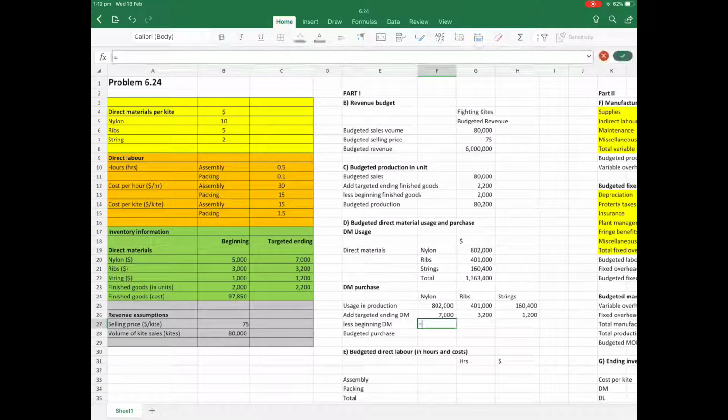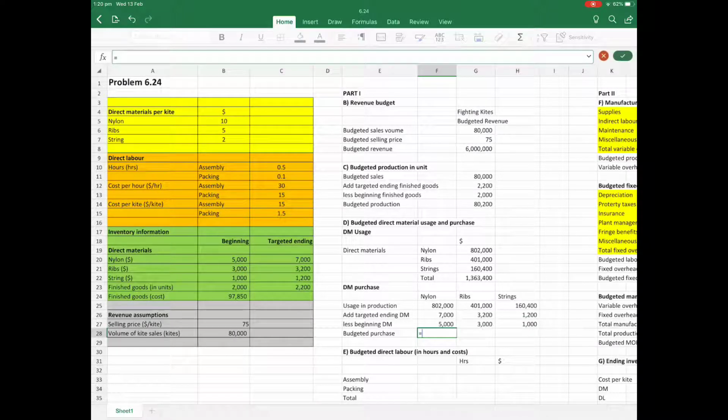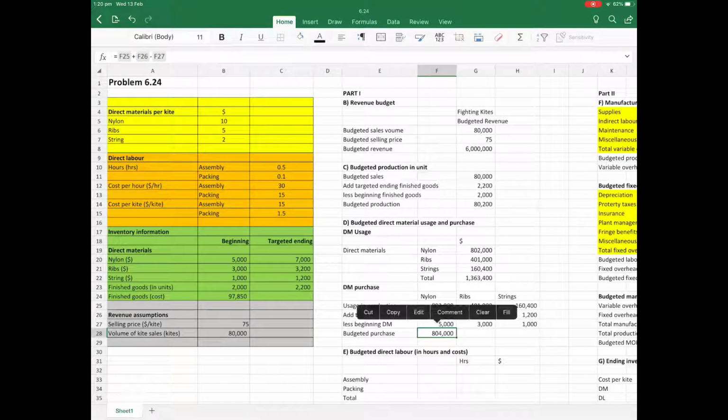And then I subtract the beginning direct materials for nylon, for rib and for string. Okay, and then the formula is you take the production and you plus the targeted ending and then we less the beginning. The same thing you can use for others.